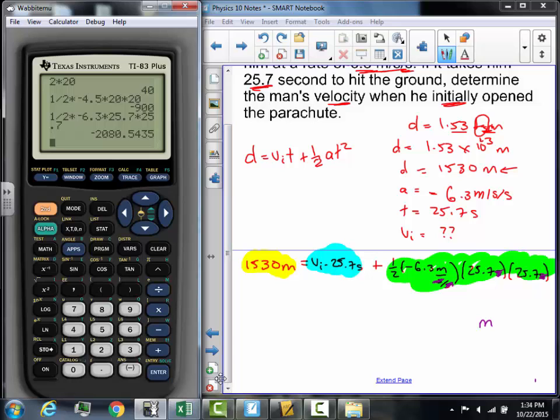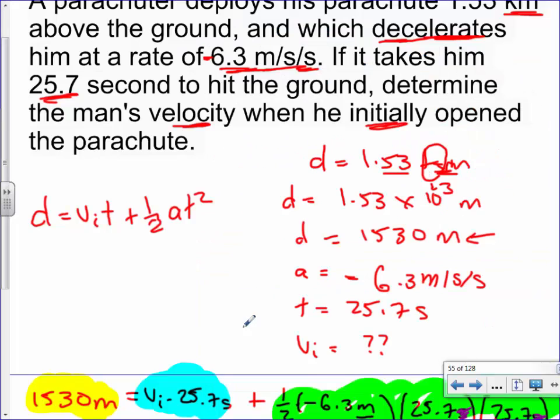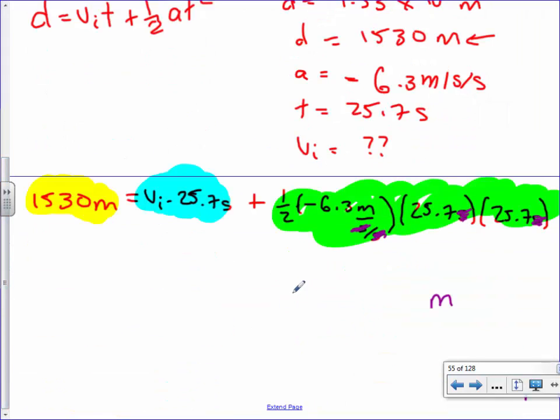Negative 2080.5435. I'll write it out here. Negative 2080.5435, I think it was.